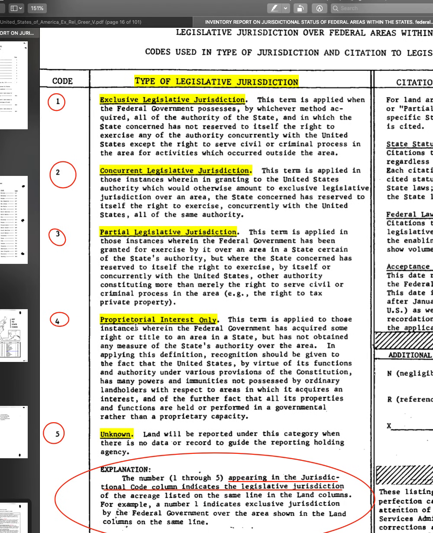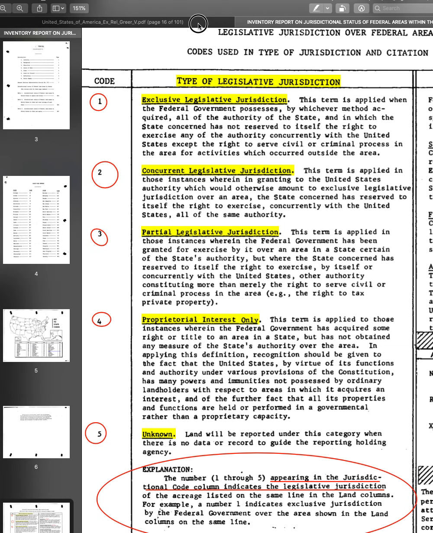So it depends on what the proprietorial laws are in the state, what the government can do on that land. It's supposed to be for maybe providing a service.